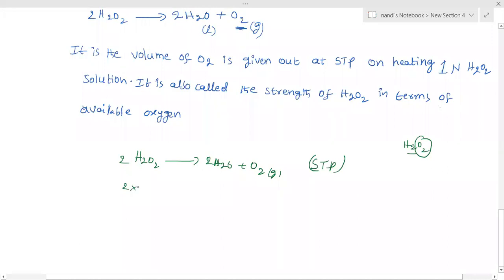So 2 into 34 grams. How much oxygen are we getting here? 1 mole. 1 mole means I can take either 32 grams or 22.4 liters. Can I write that? Anything wrong? Assume on this 1 liter solution I am taking, for example, 34 grams. How much will we get? This is divided by 2, so here 16 grams, or how much volume? 11.2 liters. Is it correct?